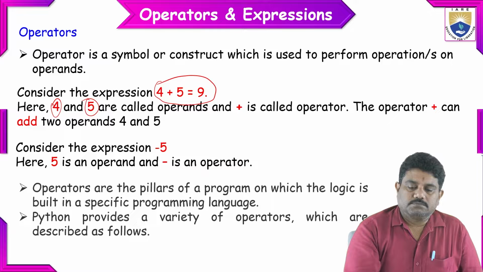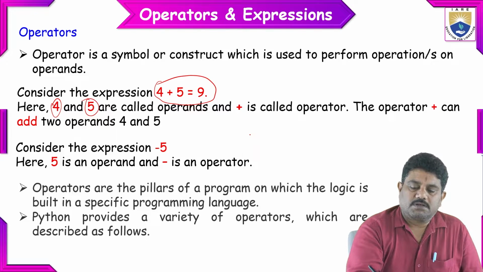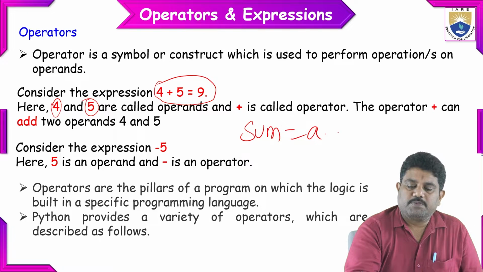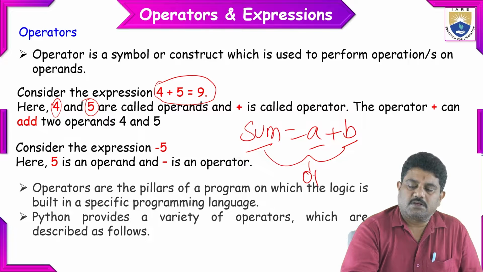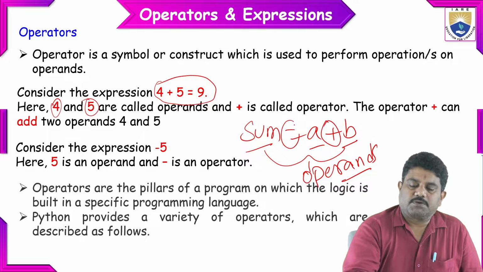Sometimes these expressions will be like this: sum equal to a plus b. In this, a, b and sum, all these we can call operands. The plus and equal to are operators.